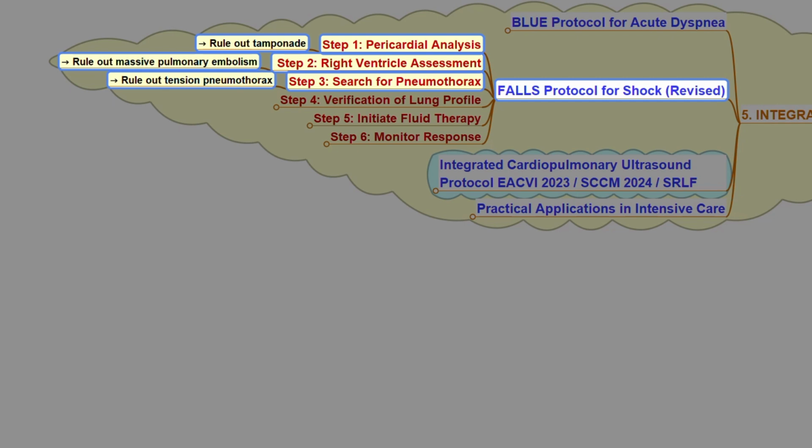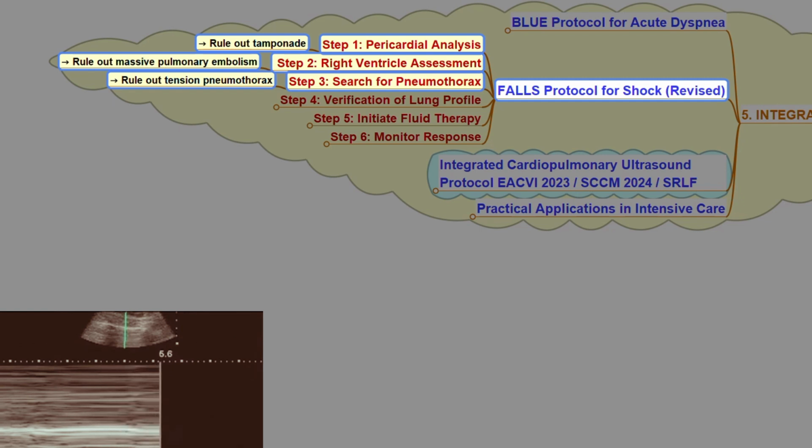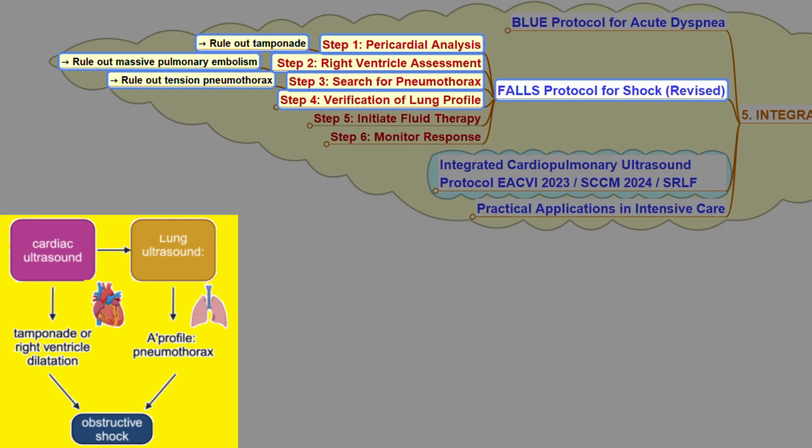Step 3, lung assessment for pneumothorax to exclude tension pneumothorax using B and M modes to check pleural sliding. At this stage, we rule out obstructive shock by assessing the heart and the lung for tamponade, PE, and pneumothorax.